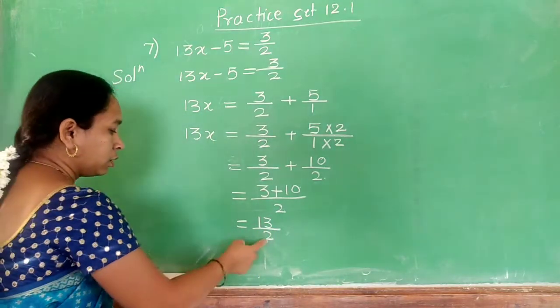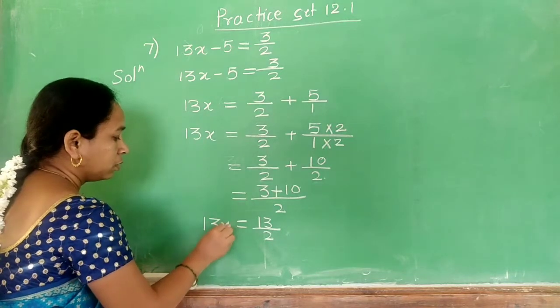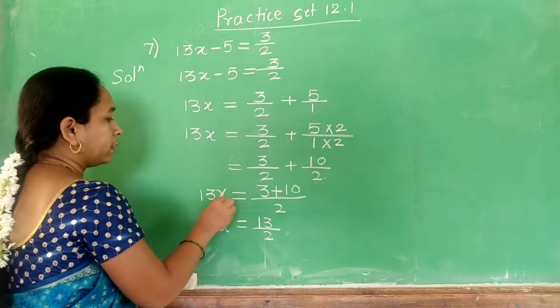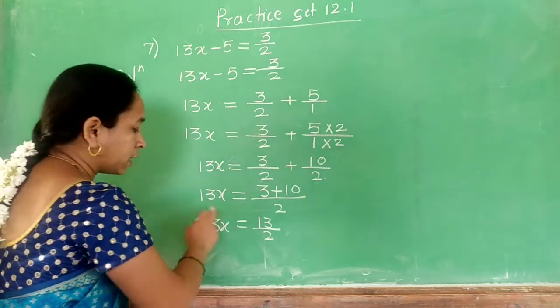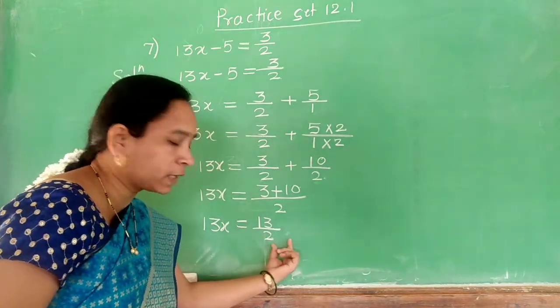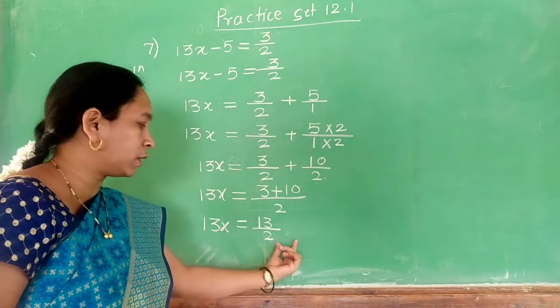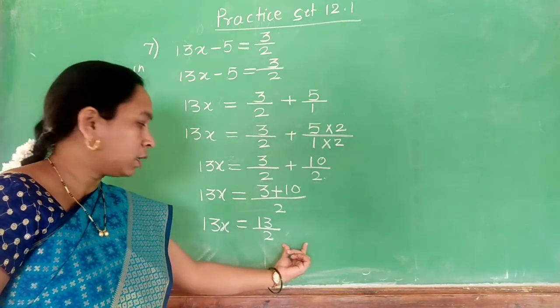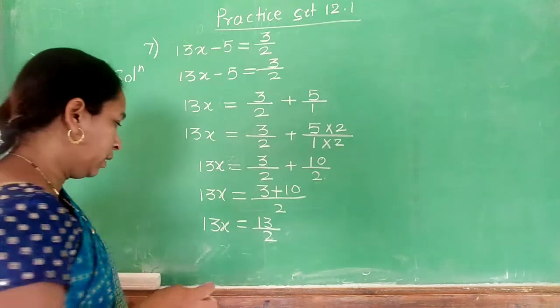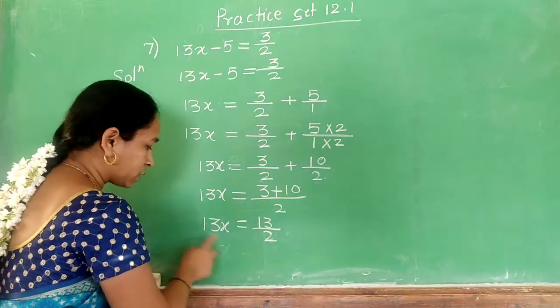13x on the left side, that I will write down. To transfer it here, 13 is in multiplication. If it will go here, it will go at the denominator, because here it is in multiplication, so here it will go in the denominator. For your convenience, students, I will transfer this 2 on this side.